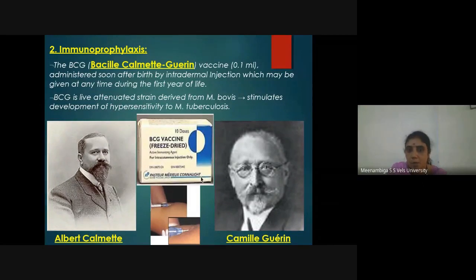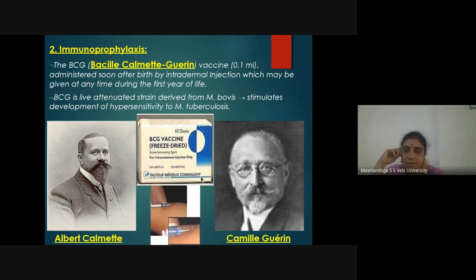Because of that antibody, if there is an infection from Mycobacterium tuberculosis later, the antibody will react with that antigen, with the new Mycobacterium tuberculosis. Immediately after birth, 0.1 ml of vaccine is given to the infant, during the first year of life. This is an immunoprophylaxis measure taken to prevent this disease.